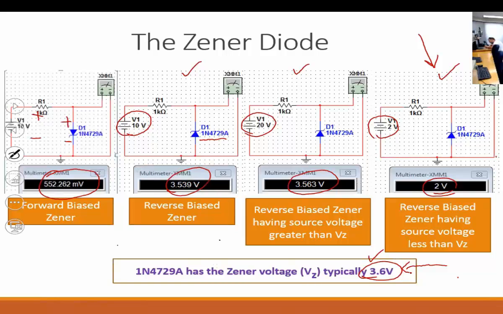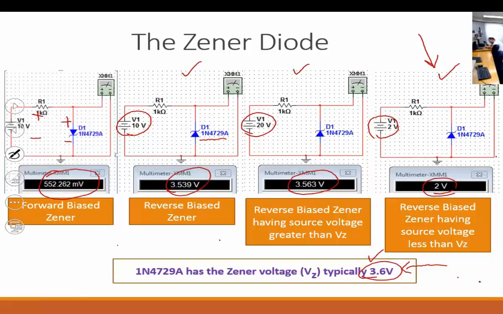Because the circuit is open, the voltage on the diode is the same as the source voltage, correct? Because you are below the VZ. If you are below the VZ, it's still going to block the current like a traditional diode.